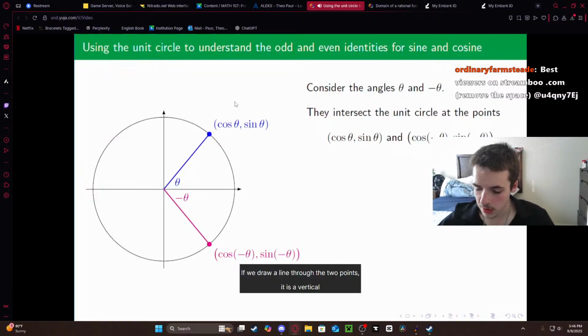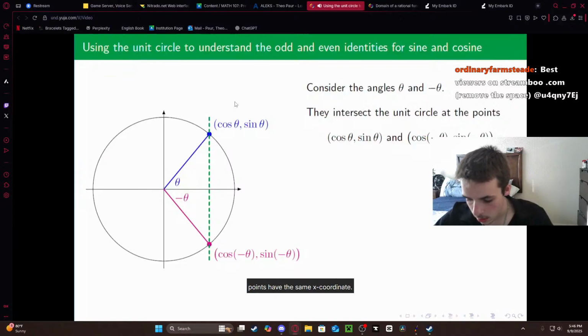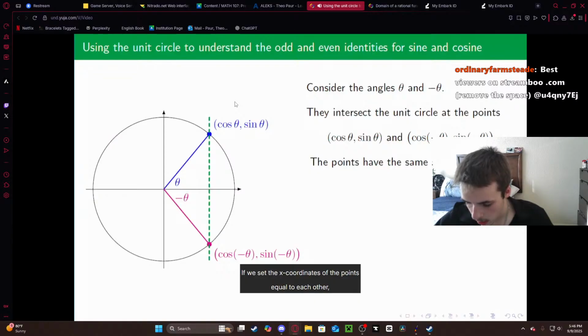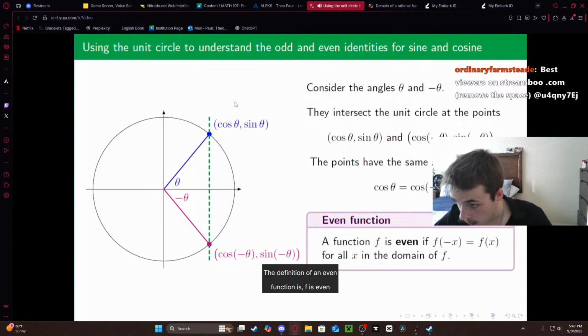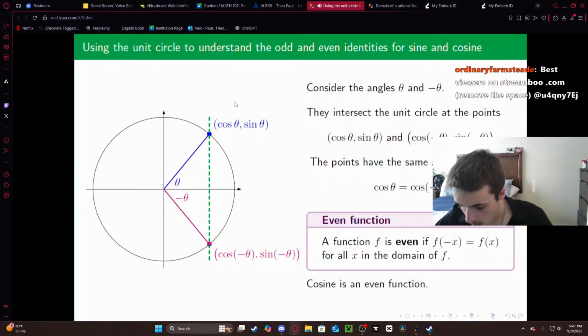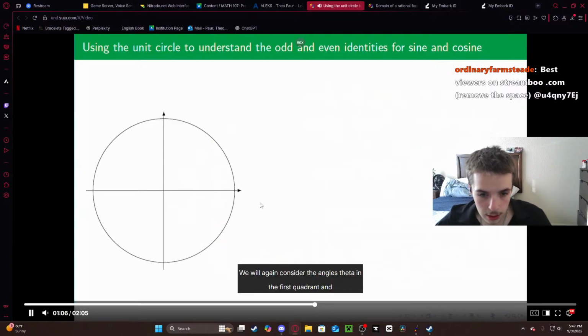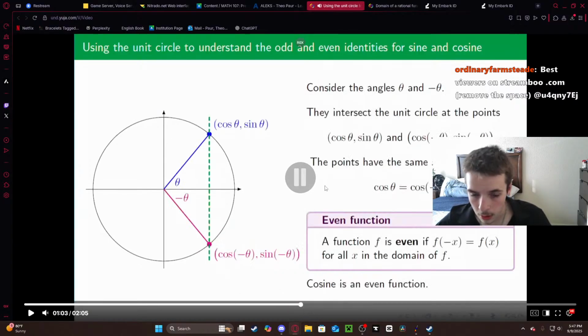The intersect of the circle quadrant. points If we draw a line through the 2 points, it is a cosine vertical line, theta, which means that the points have the sine same x-coordinate. theta, If we set the and x-coordinates of the points equal to each other, cosine we have negative theta, equal to cosine of negative theta. sine The definition negative of theta. an even function is f is even if f of negative x They both have the is f same of x for coordinate. all x in the domain of f. Sine. We have shown this for cosine, so cosine is an even function. Okay, We you're will moving too again fast, consider lady. the angles. Calm down. Calm down. I still gotta write this shit down.